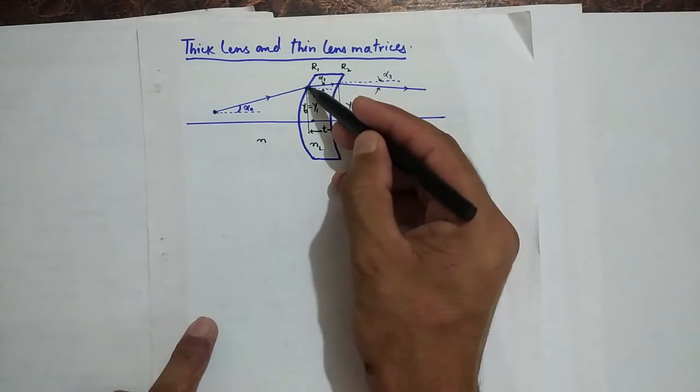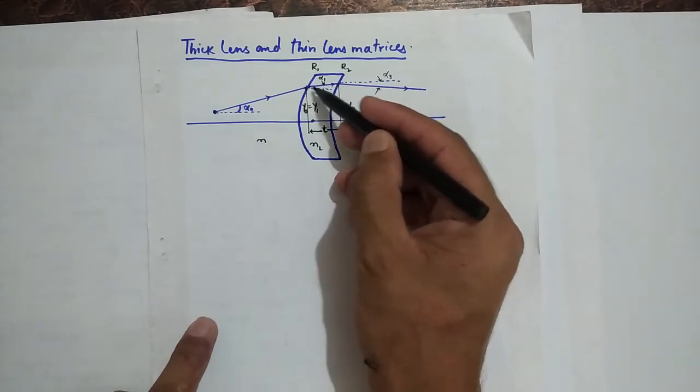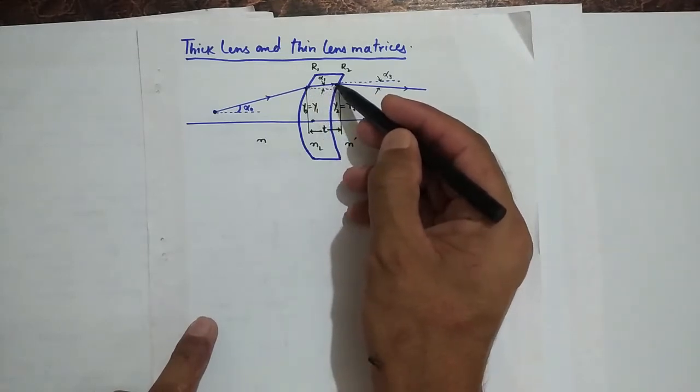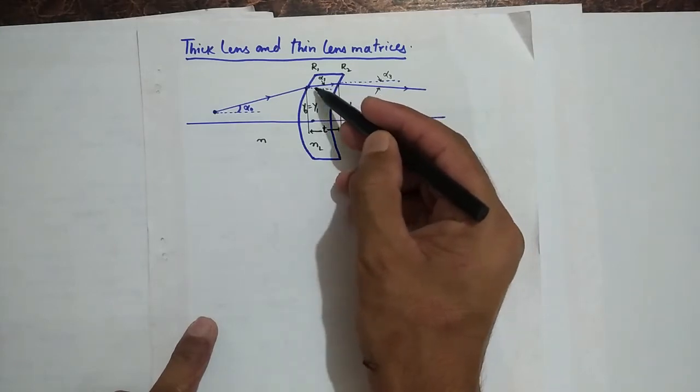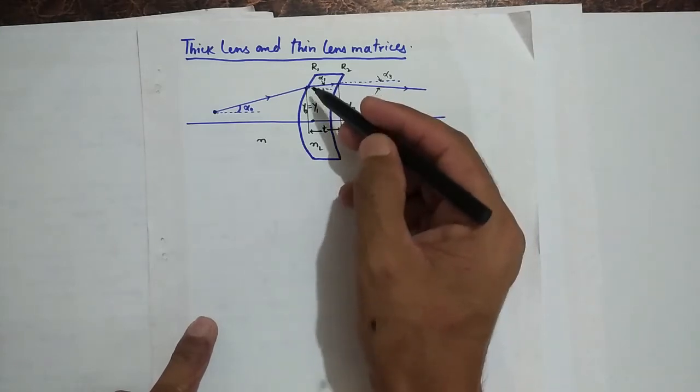But from this interface to this one there is a translation of the ray and there is a change in height of the ray.